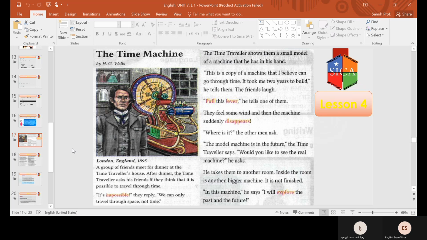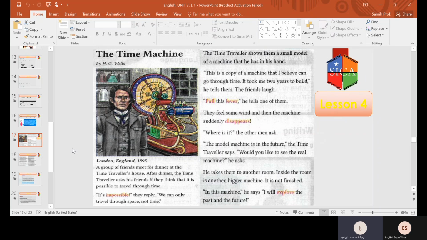Nice. How about the word lever? What do you mean by lever here? Pull the lever.